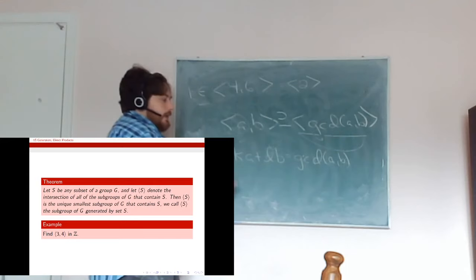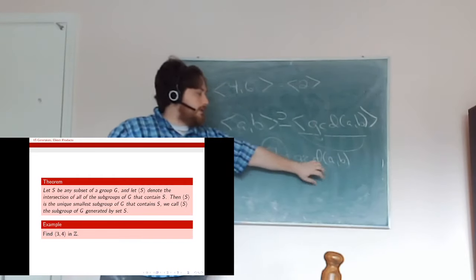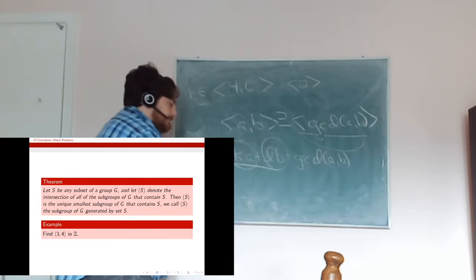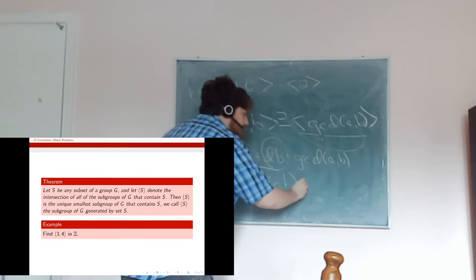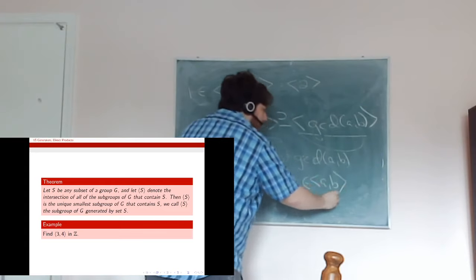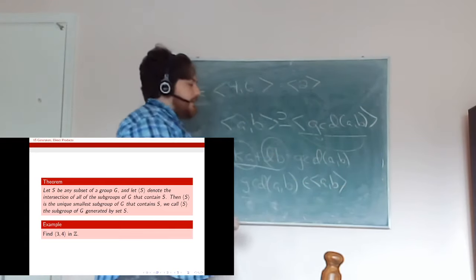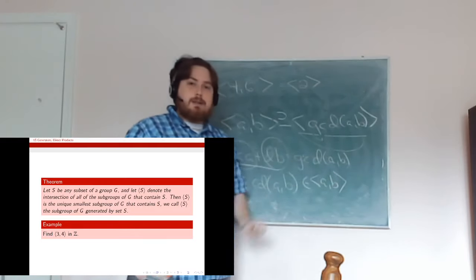But now, because we have this, what we get is that an integer times a is going to be in my group generated by a, and the integer times b is going to be in my group generated by b. Therefore, if I add them, it's in my group generated by a and b. Therefore, this element is in here. And because the generating element is in this group, that means the group generated by this element has to be in this group.